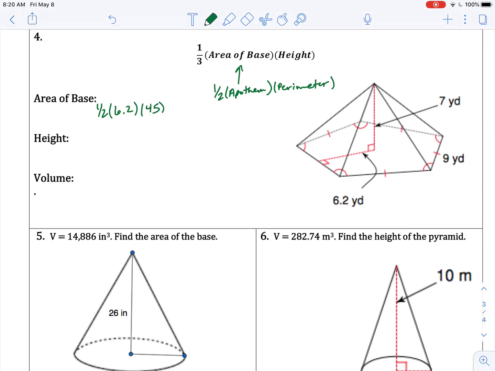So 6.2 times 45 divided by 2 is 139.5. The height is 7. So we'll take 1/3 of 139.5 times 7, which is 325.5. And that's cubic yards.